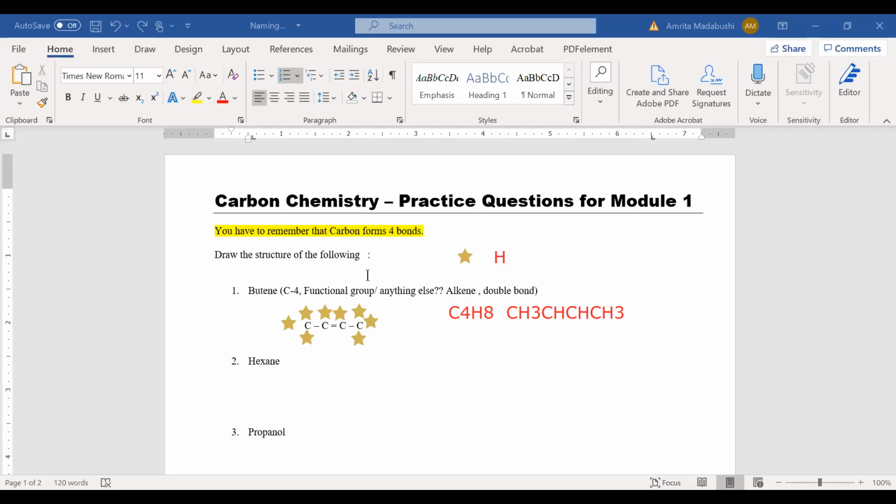Can I ask you something? I know we probably went over this a million times. Now the two middle C's have the double bond. But hypothetically, if the double bond wasn't there, it would be four stars in the middle, right?